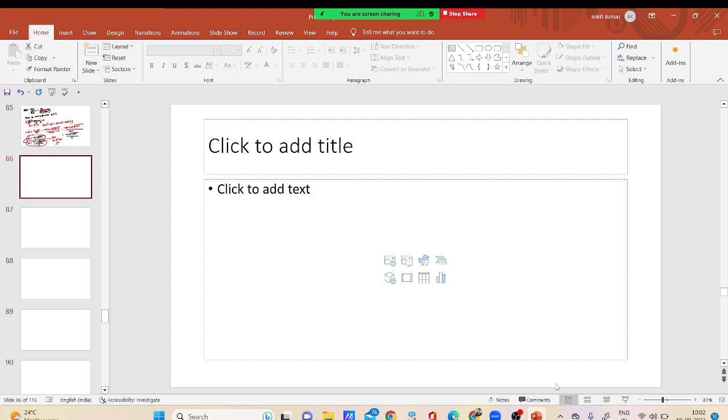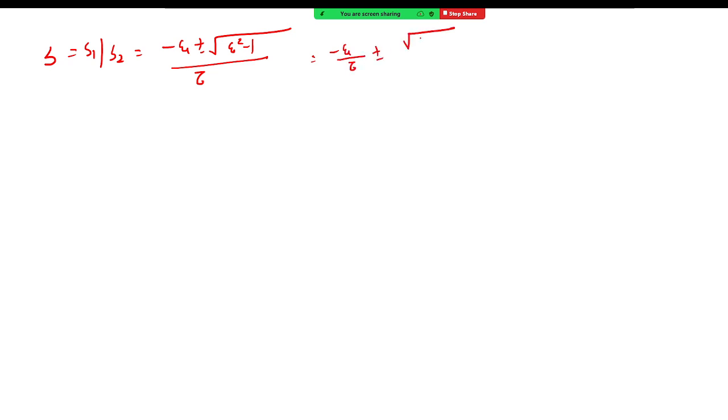So we have got the root s equal to s1 or s2, that is minus zeta plus minus root over zeta square minus 1 divided by tau, right? So I can write here minus zeta by tau plus minus root over zeta square minus 1 upon tau.